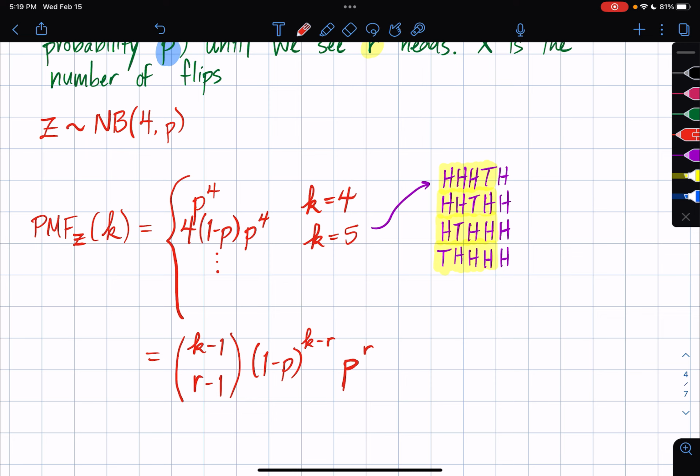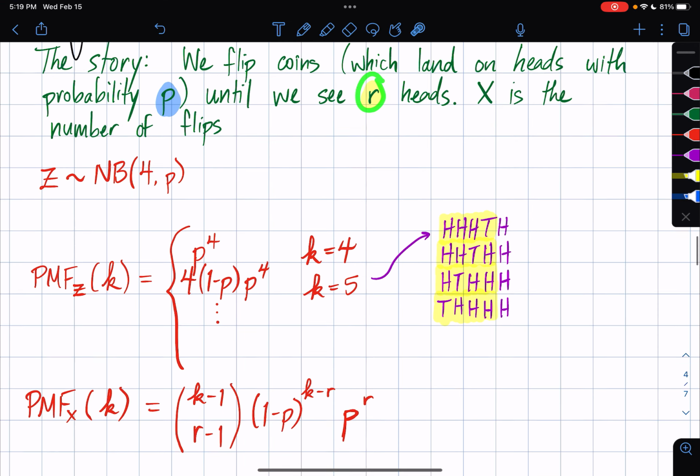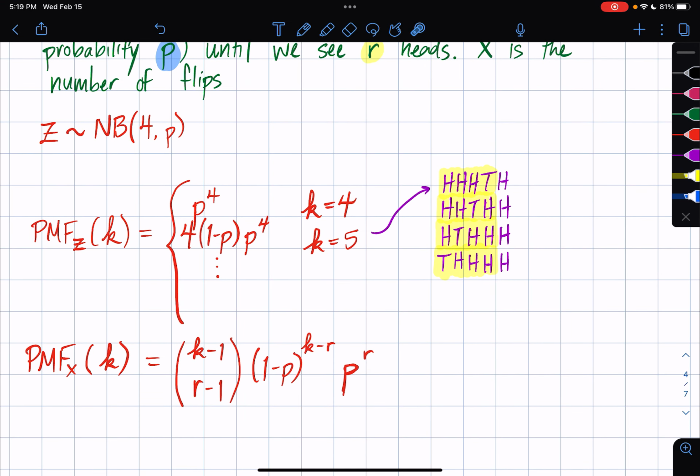Okay. So this is actually in full generality our PMF of x. Remember x is the same thing as z, except that instead of specifying 4 for our r, we just have a generic r. So that's why we get this generic r. All right, and we could check.